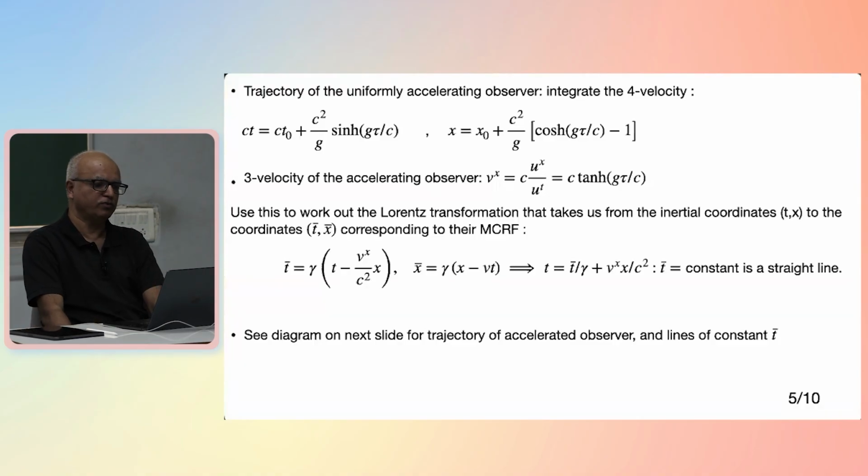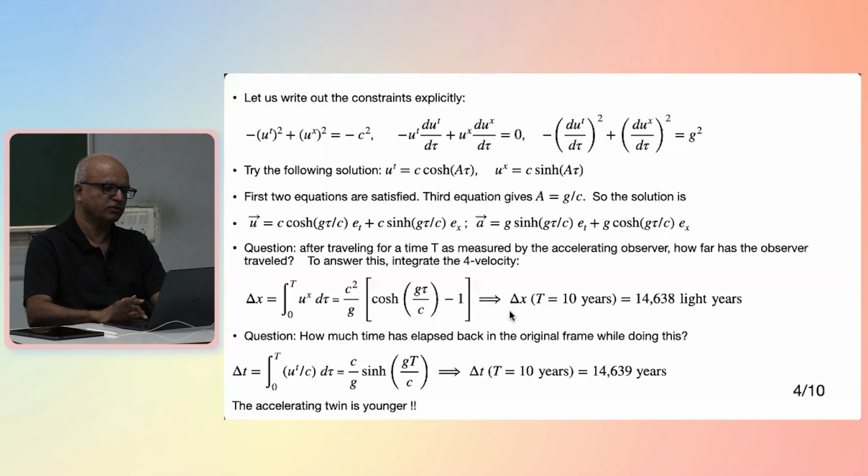Okay. So we want to go one step further. We want to also find the trajectory. Instead of s equals half g t square, what is the trajectory? What should I do? The four velocity is dxi by d tau, where xi is the 4 vector. So I integrate this.